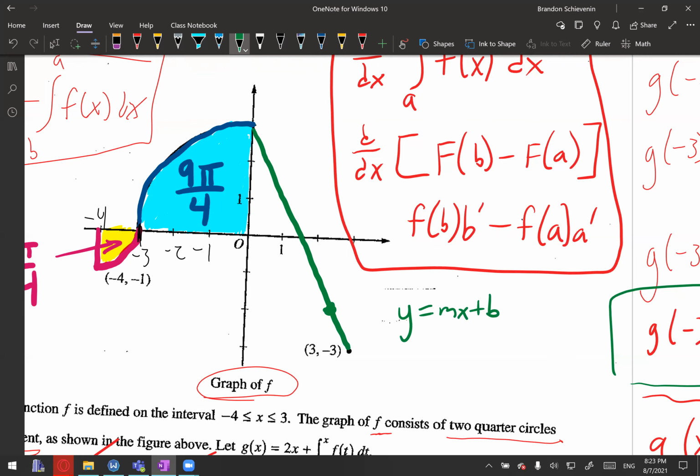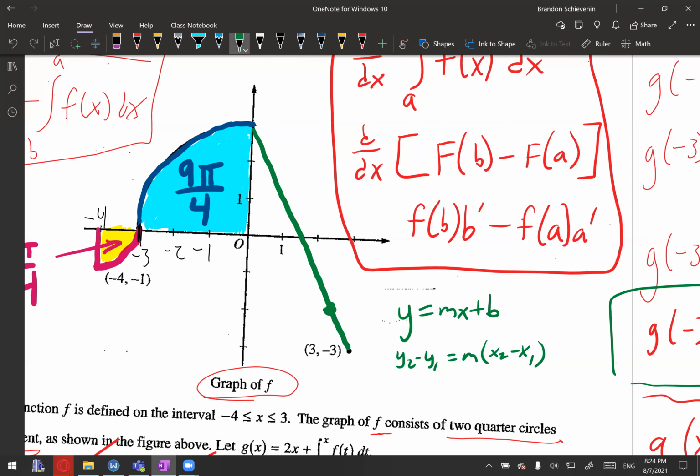You can either use slope-intercept form or you could use point-slope form. Which one do you think you would prefer for this one? The second one. Okay, if I'm going to use the second one, then I need 1 point and 1 slope. So I've got a point here at 3, -3. What's the slope of the line?